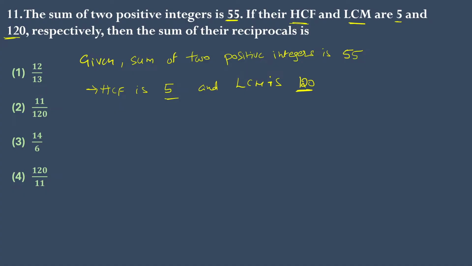So let the two numbers be 5x, 5y. Why? Because HCF is 5 means the two numbers are multiples of 5.